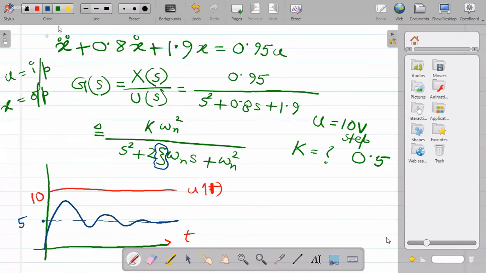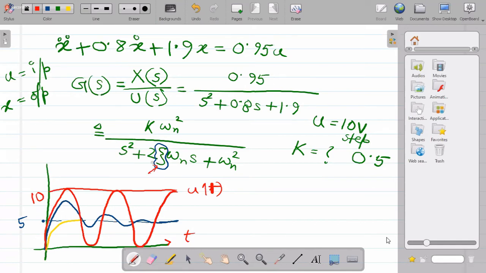It may be like this, underdamped, critically damped, or it may be completely undamped. Okay, depending upon the value of zeta that you choose, you can obtain different responses.